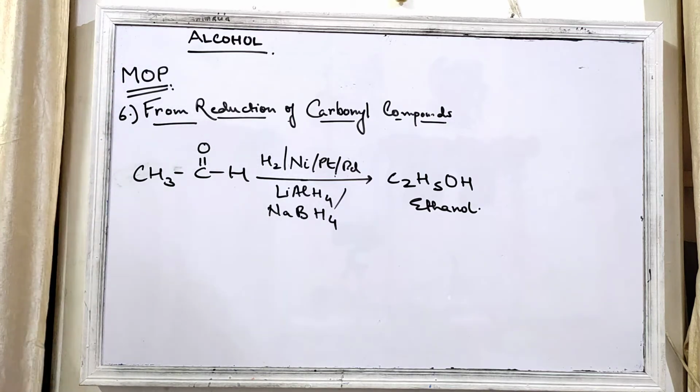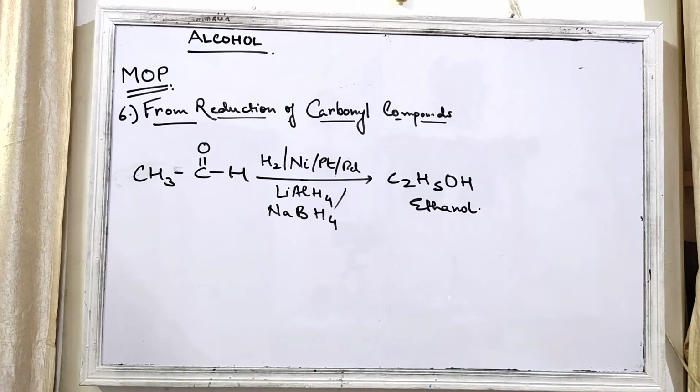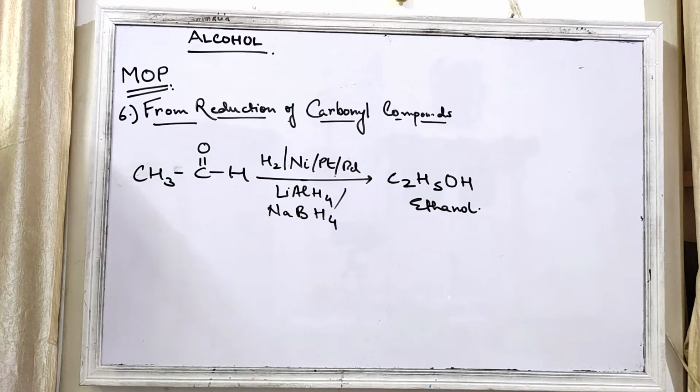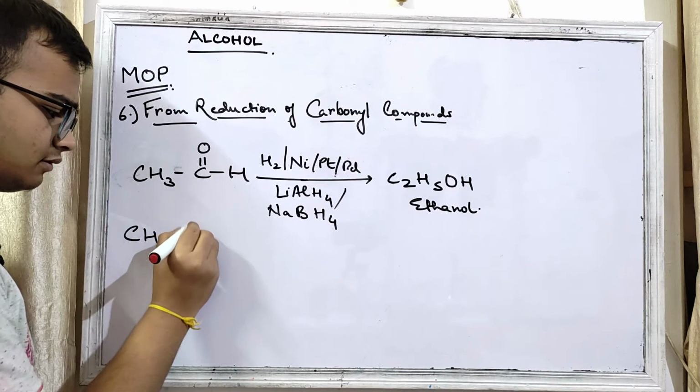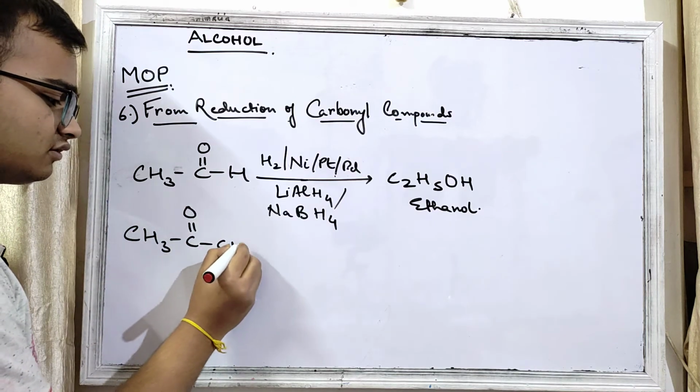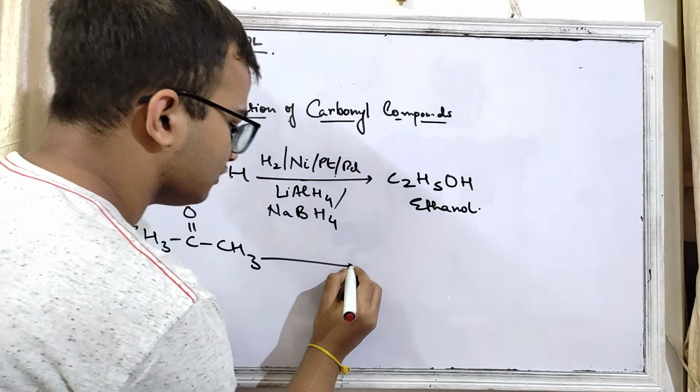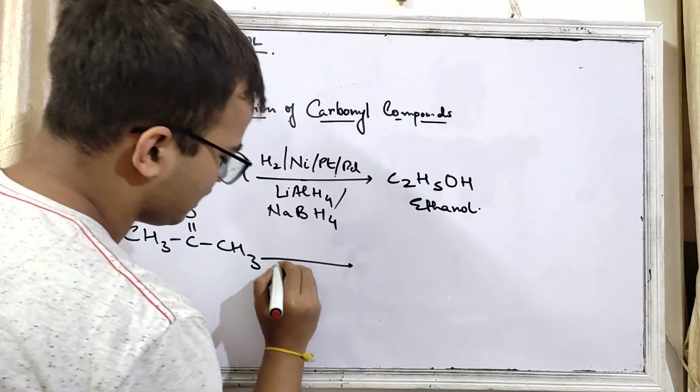Okay, let's take another example. Let's take acetone, CH3 C double bonded O, and then here is CH3. Let us treat it with LiAlH4.